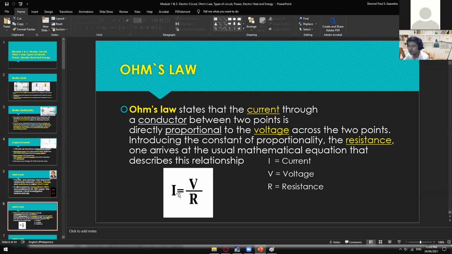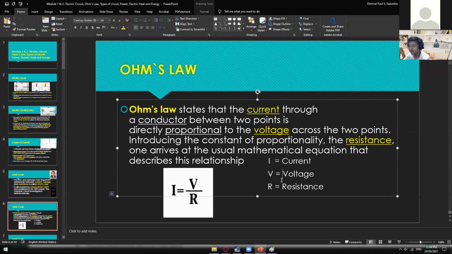Okay, so as you guys can see, I is proportionally equal with V. Okay, and it's quite the opposite of the resistance, since from the word itself, resistance, it resists the flow of current, or it resists the voltage that will flow on that specific circuit. So I is for the current, and then V is for the voltage, and then R is for the resistance.